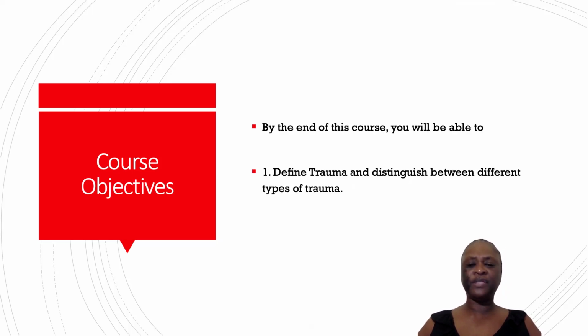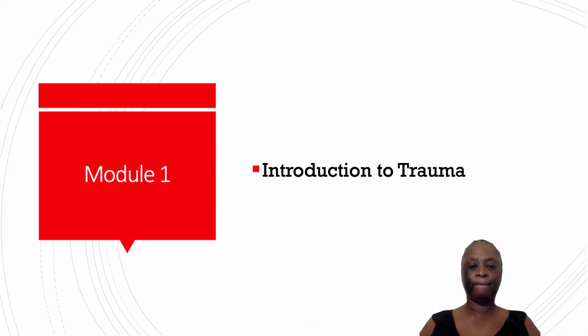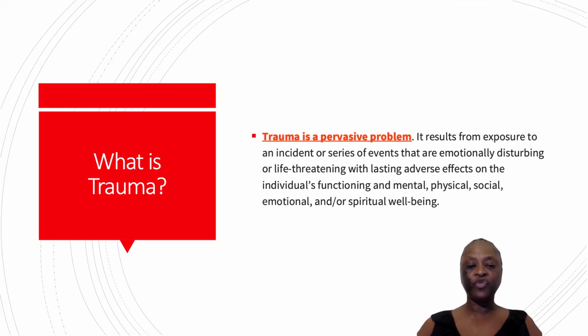By the end of this course, you will be able to define trauma and distinguish between the different types of trauma. So today, module one is on the introduction to trauma. What is trauma? First of all, we are going to define the definition of trauma.